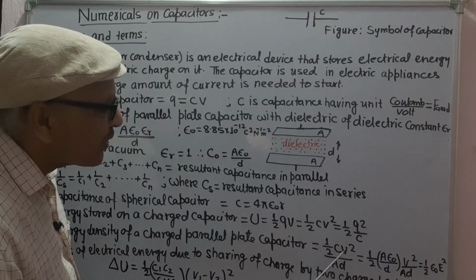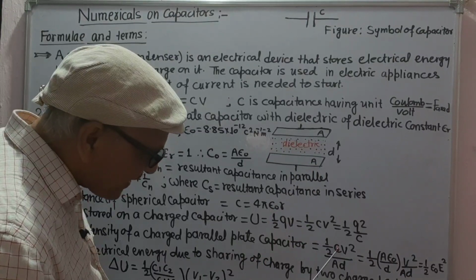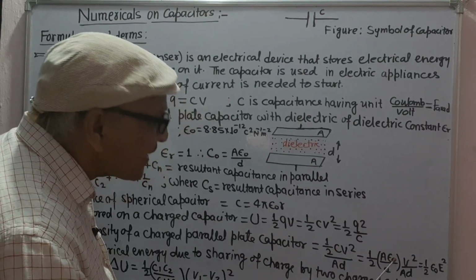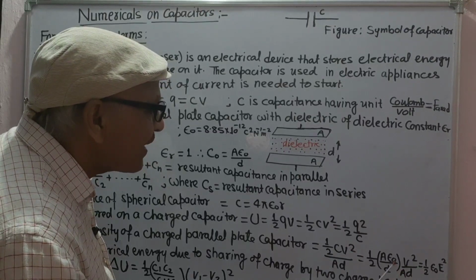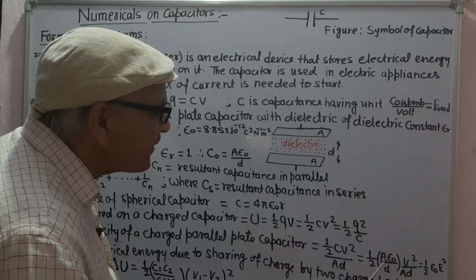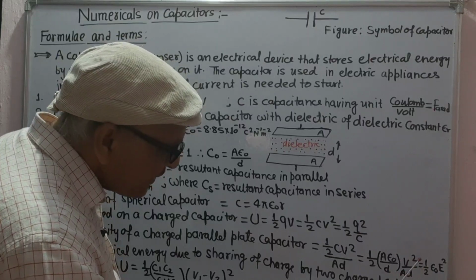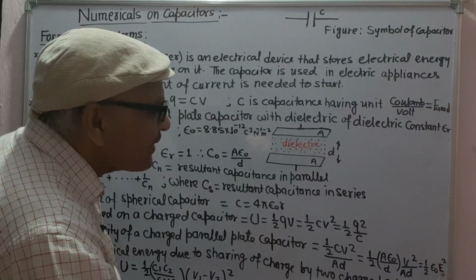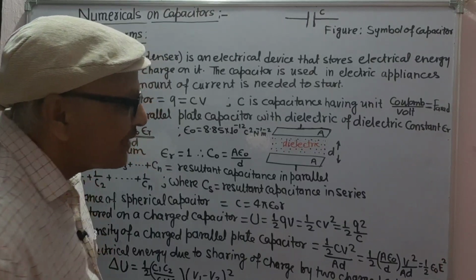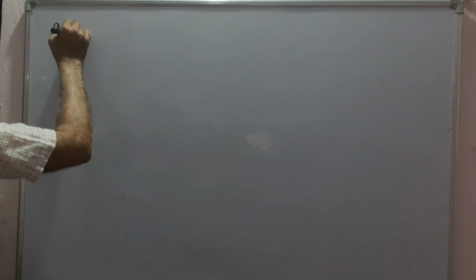So, energy stored is half CV square, volume is A into D. For a parallel plate capacitor, C is equal to A epsilon naught upon D, into V square upon A into D. A gets cancelled and we get 1 by 2 epsilon naught V square upon D square, and it can be written as 1 by 2 epsilon naught V upon D whole square, which is equal to E, that is electric field intensity.